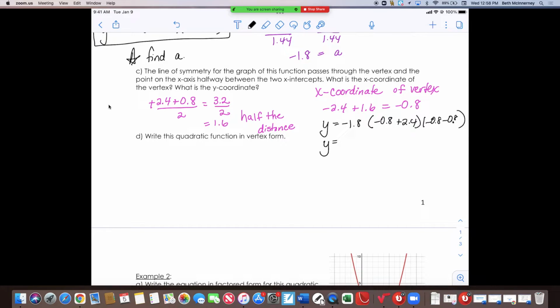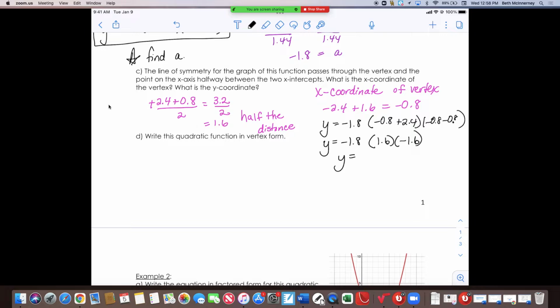So let's get the y-coordinate. Use your calculators for me and do negative 1.8 times 1.6 times negative 1.6. And this will be the y-coordinate of my vertex.